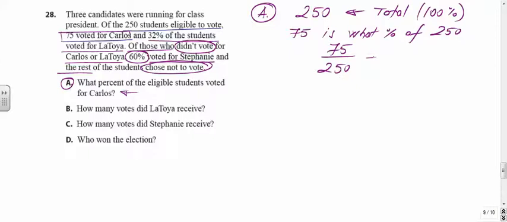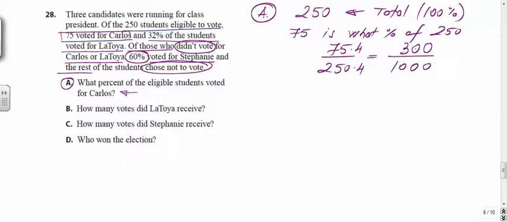And this equals what? How can we find very quick 75 divided by 250? What is the trick that we can use here? Anybody? How about multiplying the bottom by 4? And obviously you need to multiply the top by 4, which gives you 75 times 4. 4 times 5 is 20. 4 times 7 is 28 plus 2, 30. 250 times 4 will be 1000, right?